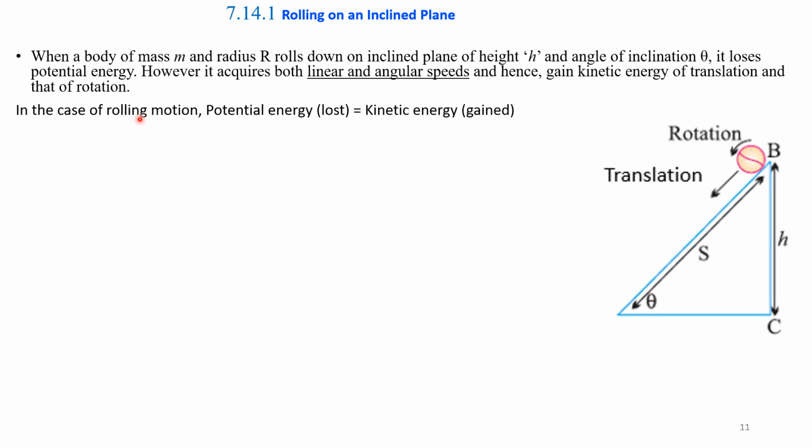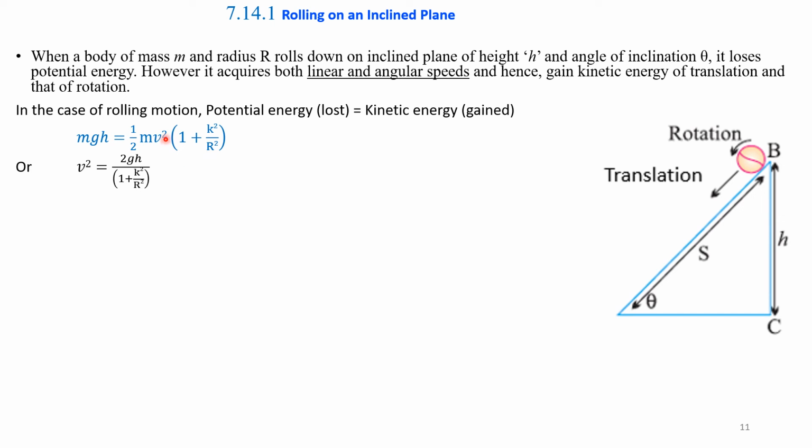In the case of rolling motion, potential energy lost is equal to kinetic energy gained. Therefore, equating both, we can write the equation as mgh = 1/2 mv² (1 + k²/R²). This we have derived in the previous section.